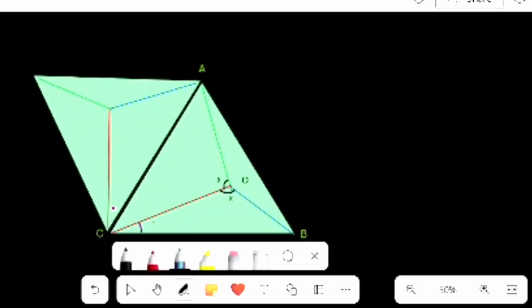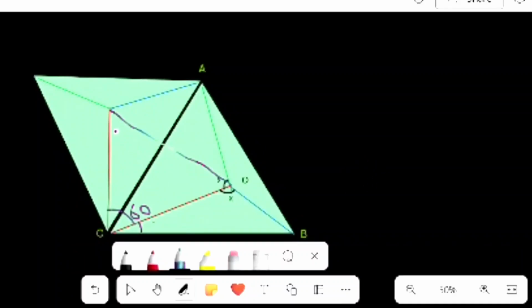Now we know that this angle is 60 degrees. What we can say is that these two lines have equal length, and this angle is 60 degrees. So if we draw a line here connecting the two O points of these two triangles, we can see that this is an isosceles triangle and these two angles must be equal.